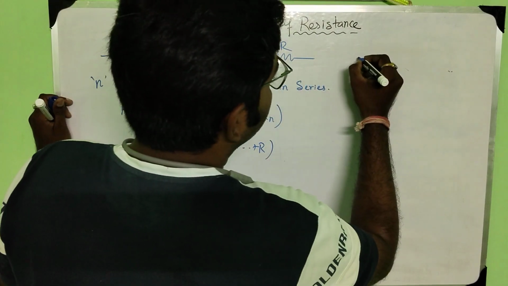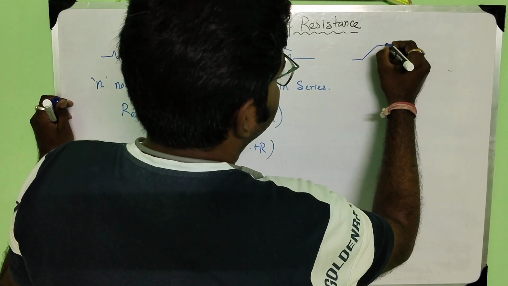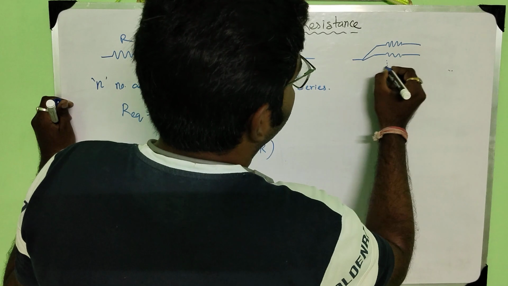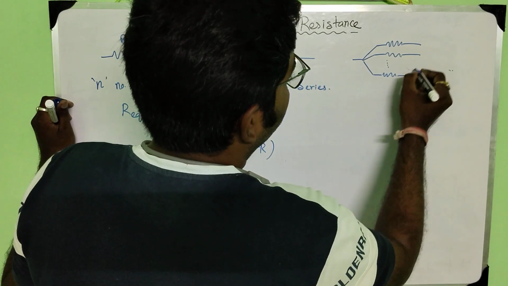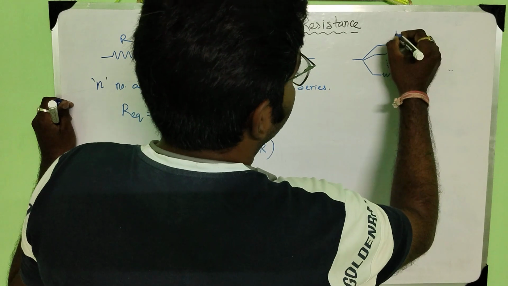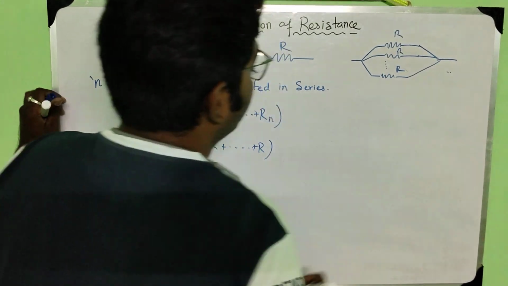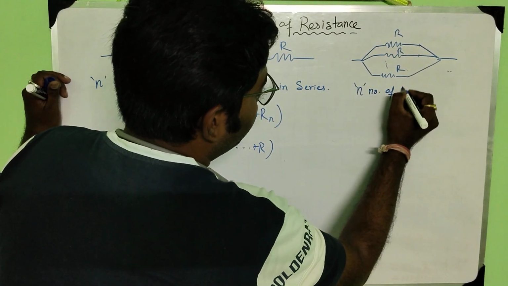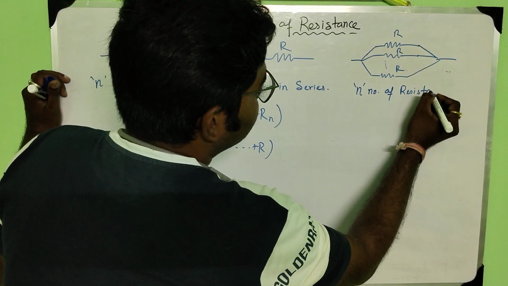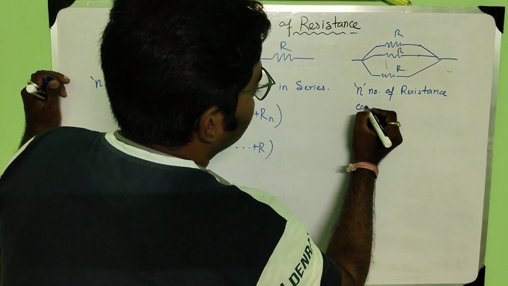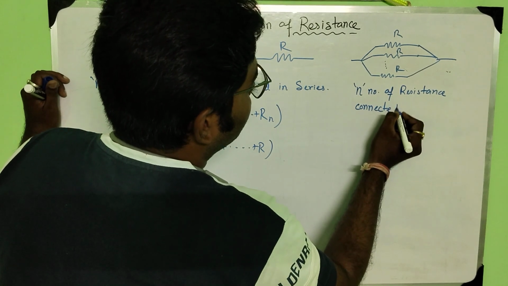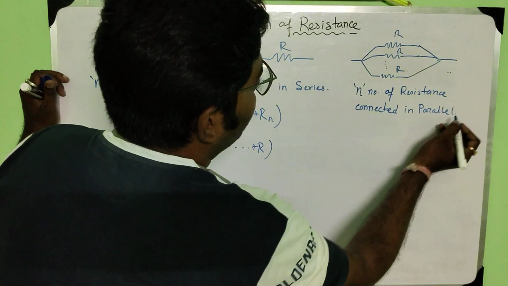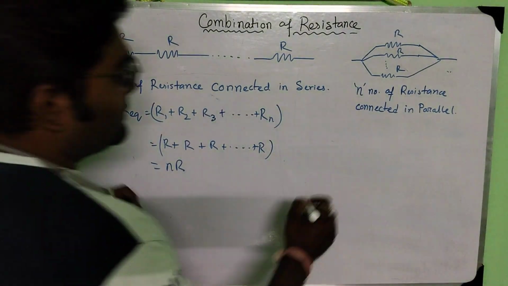Now in this case, n number of resistances are connected in parallel, then what will happen?